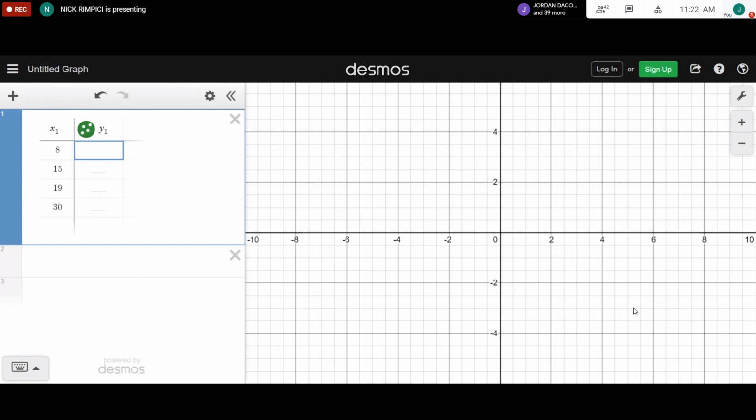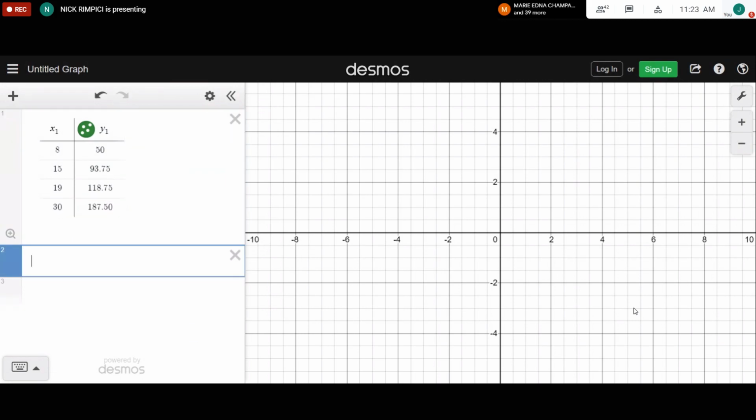And then the dollars: 50, 93.75, and the other two values, 118.75 and 187.50. Let me check to make sure I'm making no mistakes. And that looks good. Everything looks good. So that's the data that was in the table that we saw.